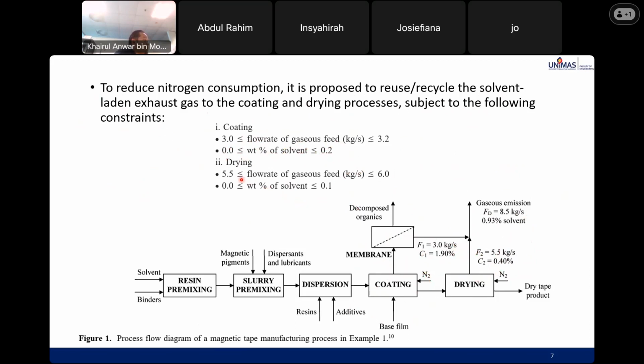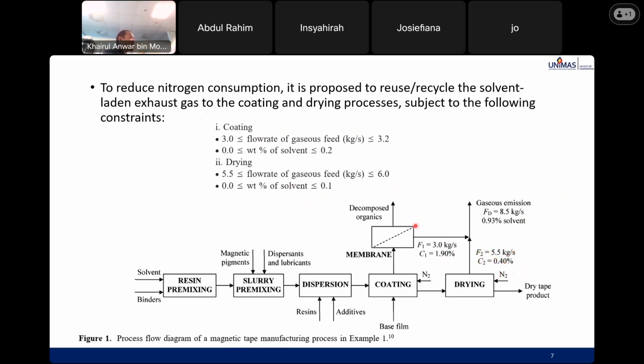For drying, it requires much higher purity, up to 0.1%.